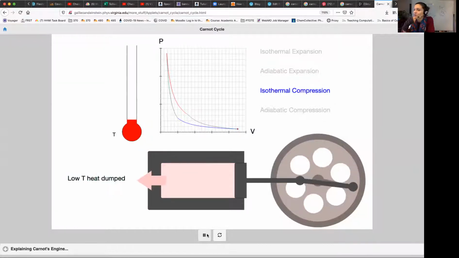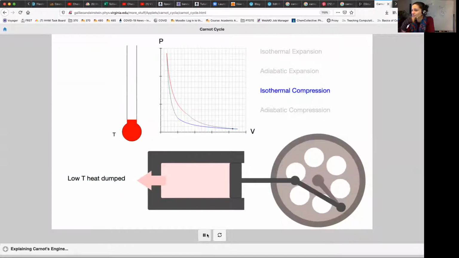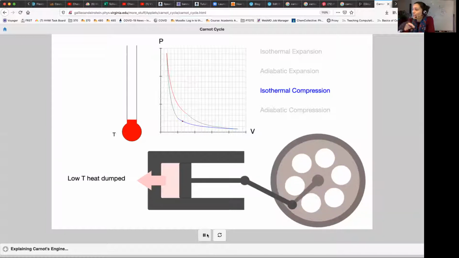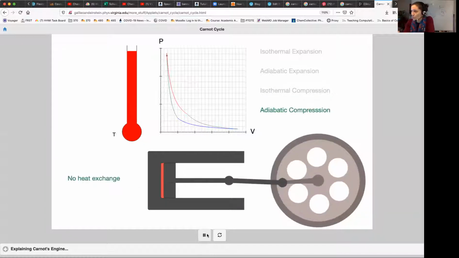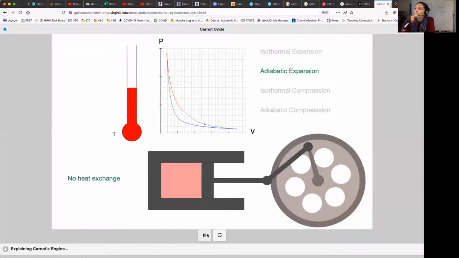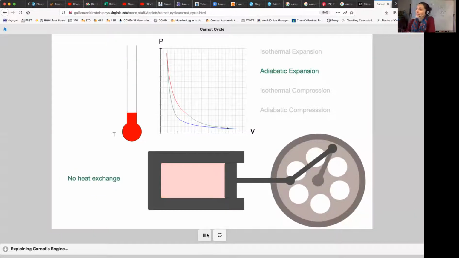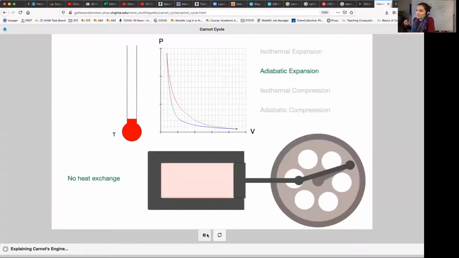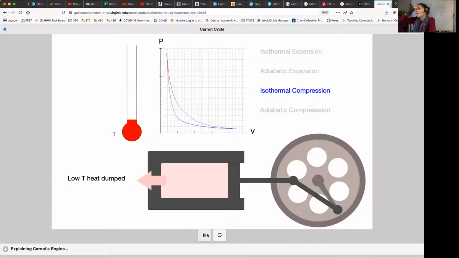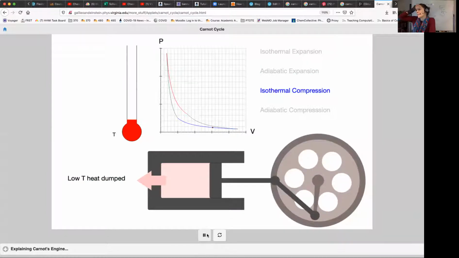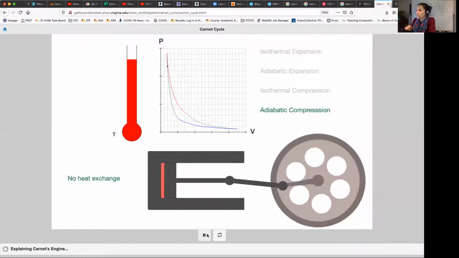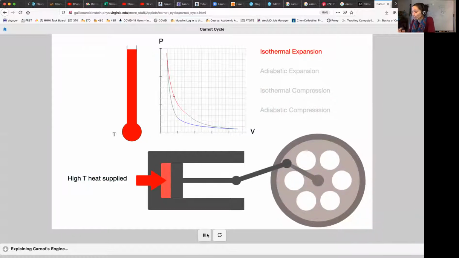So now at low temperature, heat is dumped. There's going to be some heat loss, and that heat is what doesn't go into the temperature change. It has to go somewhere, and it's not going into changing the temperature. Likewise, when heat's being pulled out of the system, you're going to have no temperature change. But under the adiabatic expansion or compression, no heat exchange, the heat's going into the change in temperature.